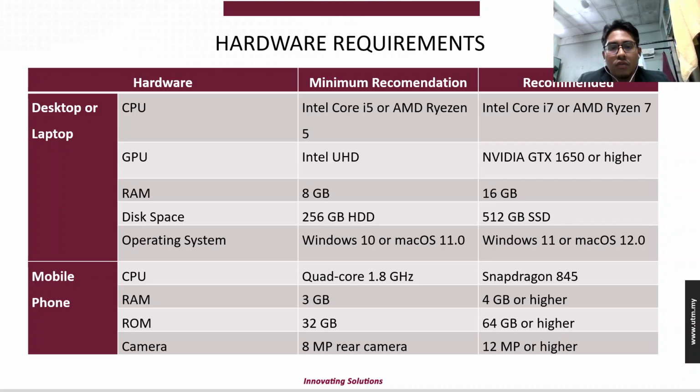For the usage of the application on a mobile phone, I also put the minimum and recommended specification that should be used. For example, in terms of the CPU, the minimum specification you need is just Intel Core i5, and the best is Intel Core i7.